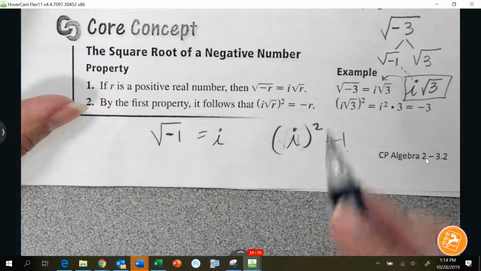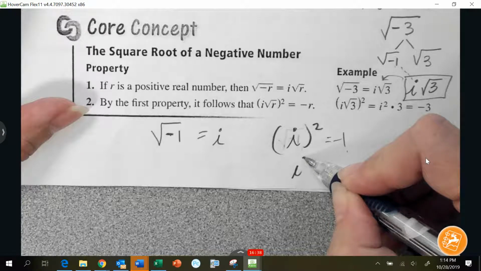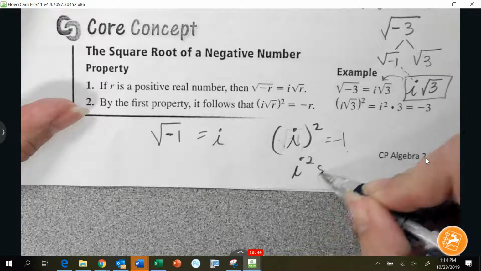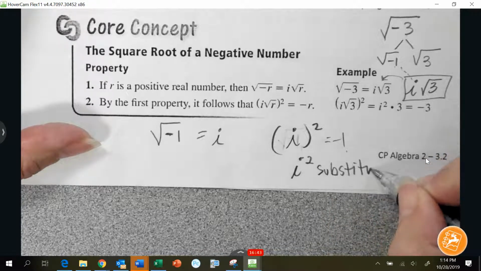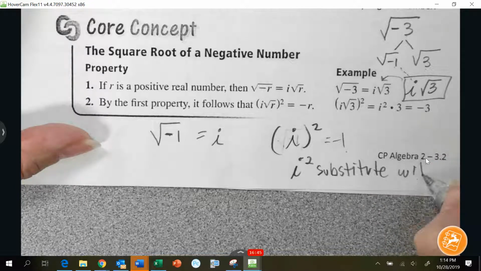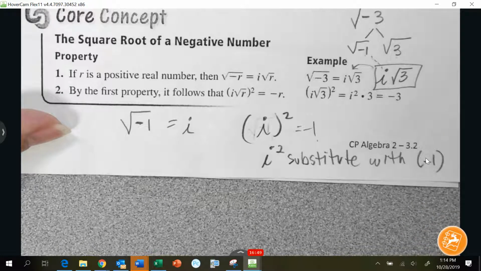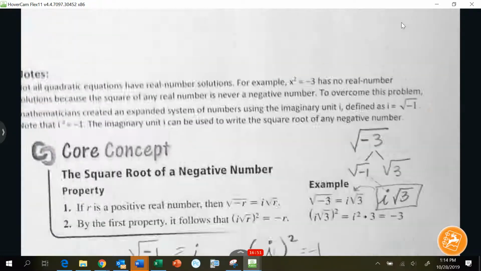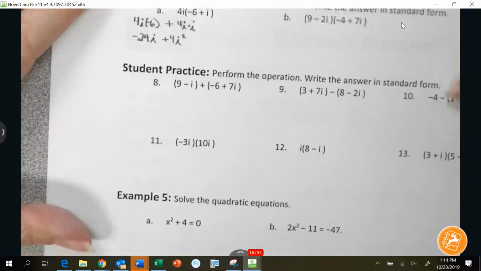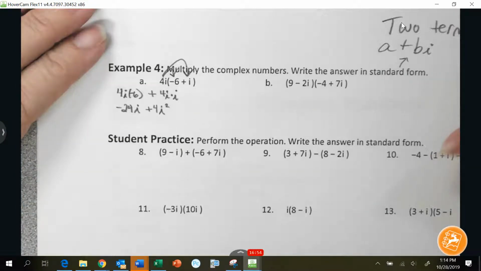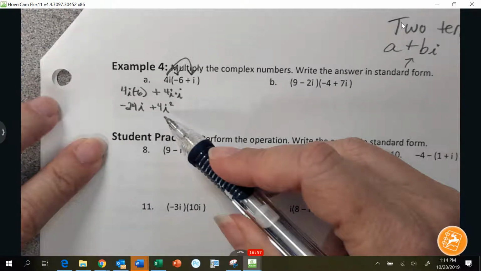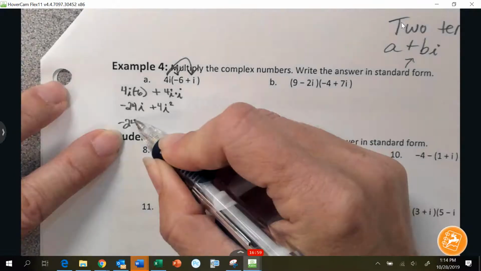So anytime we have i squared, you need to put negative 1 in place for i squared.